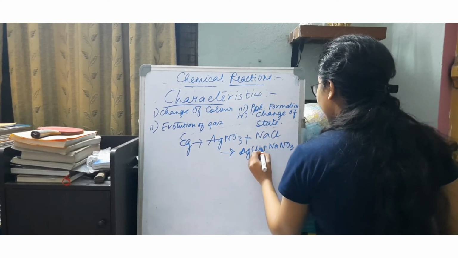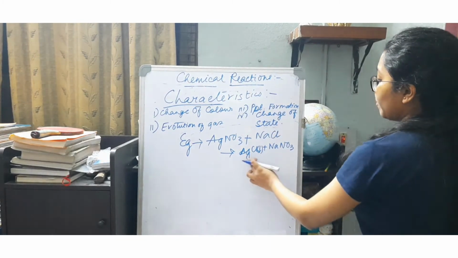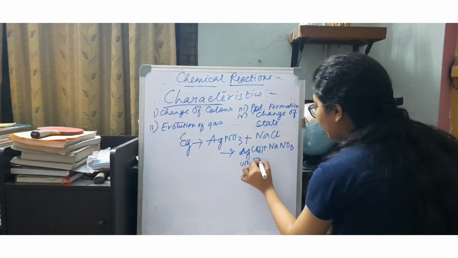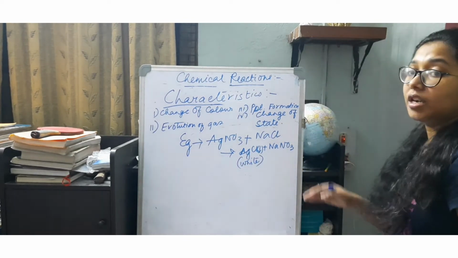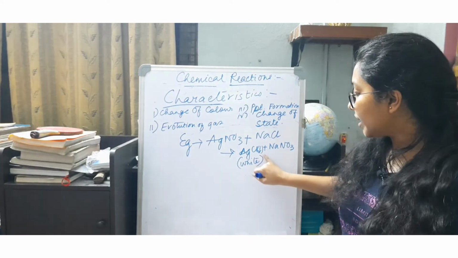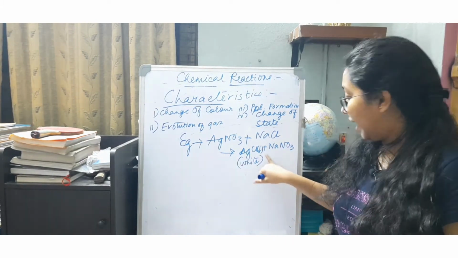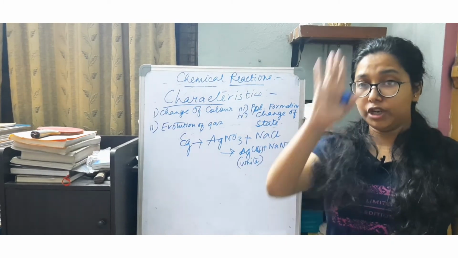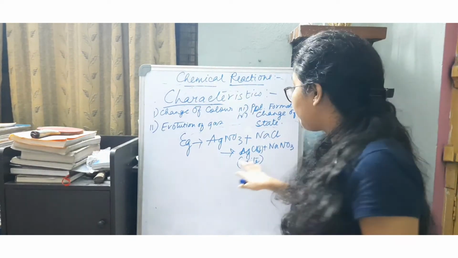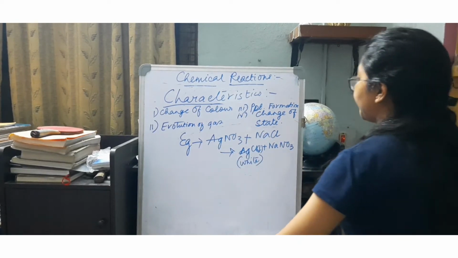For evolution of gas, it was an upward arrow, and for the precipitate formation it is a downward arrow. Okay, so it is always very important to write down the color of the precipitate formed. So precipitate formation is always annotated by a downward arrow. Evolution of gas is an upward arrow and precipitate is a downward arrow. So AgCl is formed as a precipitate and it is a white colored precipitate.